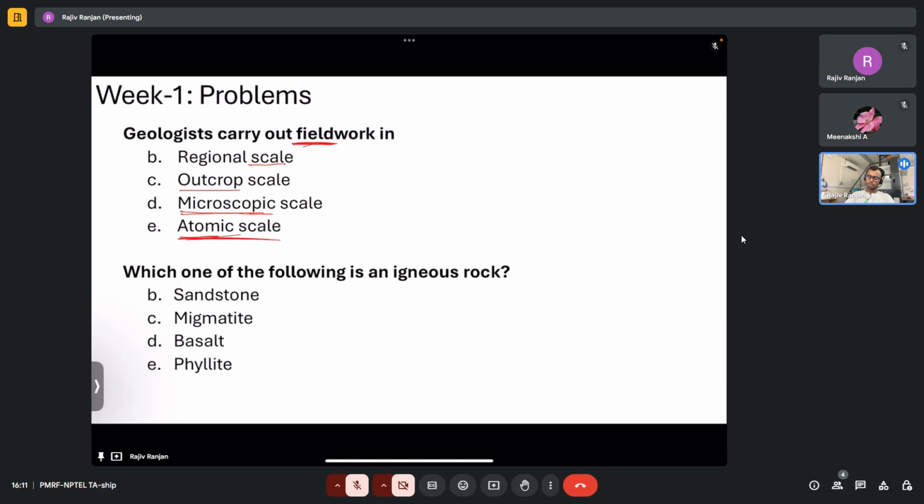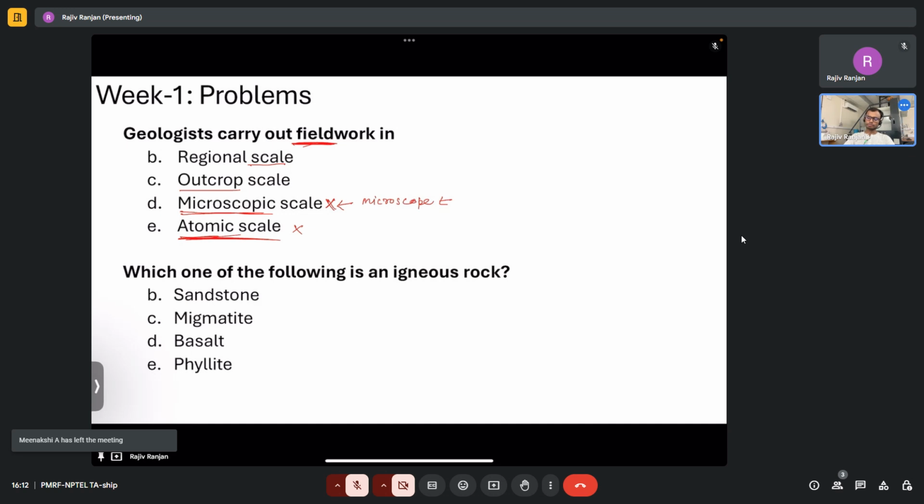So this is incorrect. Option D is microscopic scale. To study at the micro level, we look under the microscope, which we do not do in the field. So this option is also not correct.